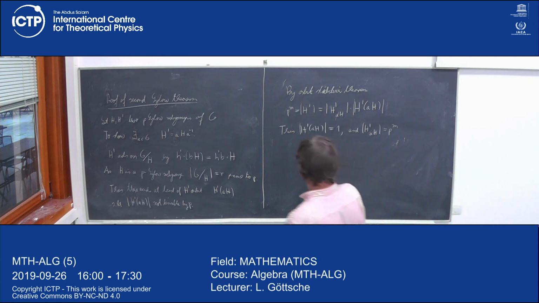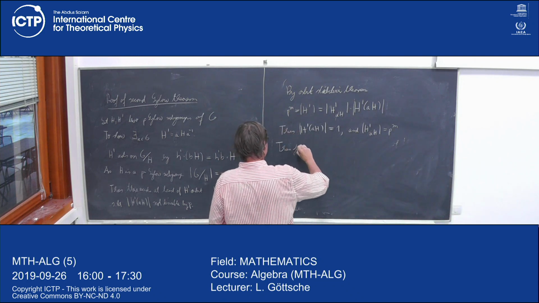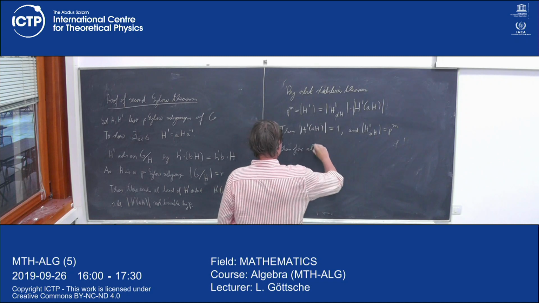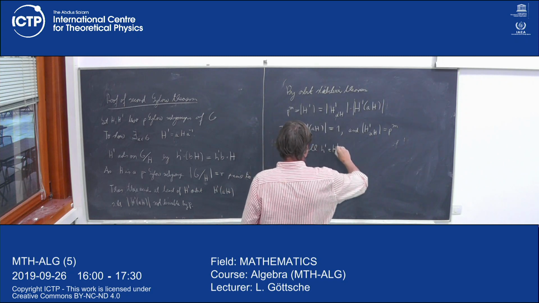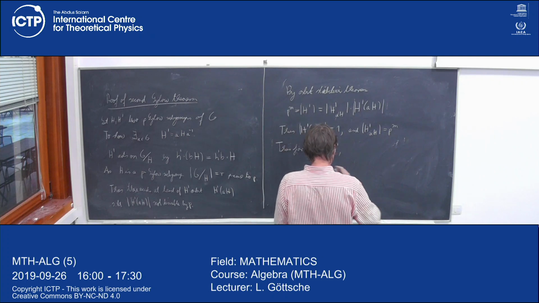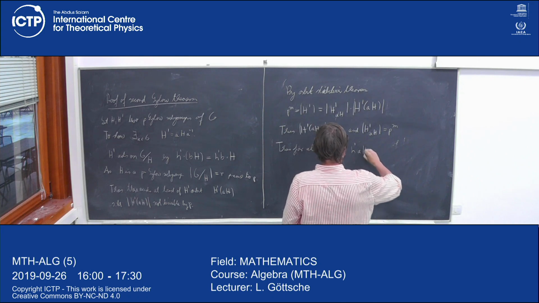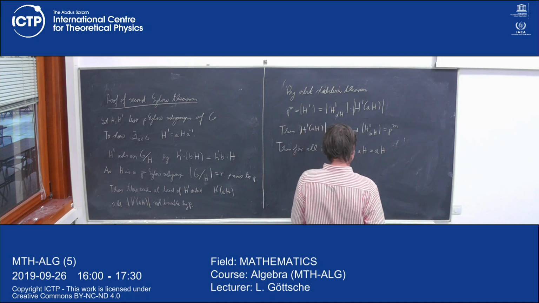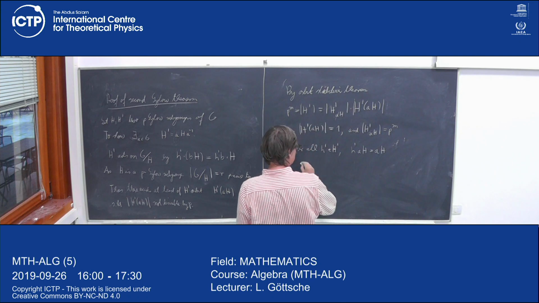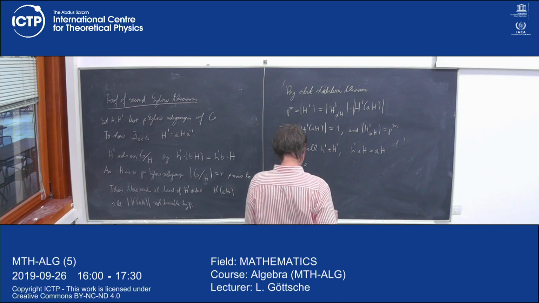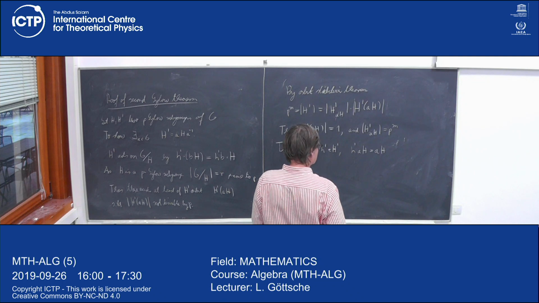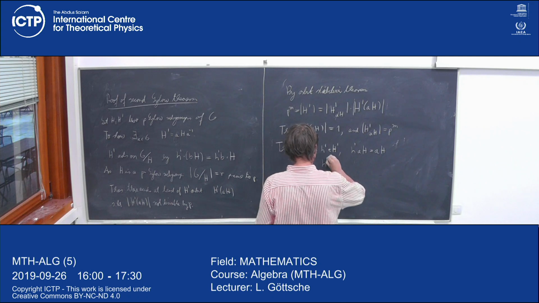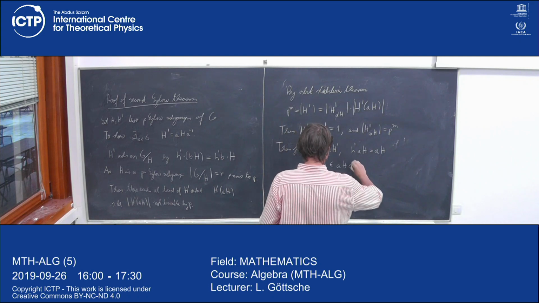So thus for all H prime in H prime we have that H prime AH is equal to AH. That means, if I bring it to the other side, that H prime is an element in A H A to the minus 1.